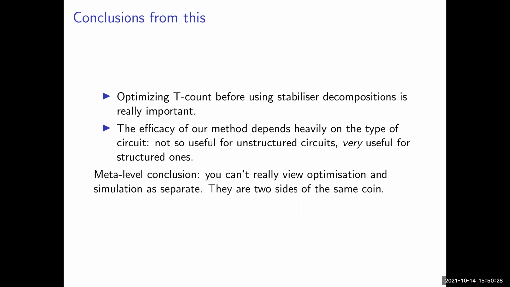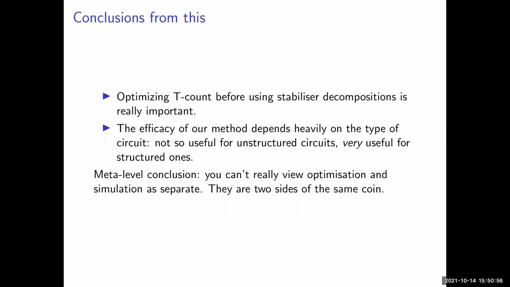I also have a question, if you don't mind. Sure. So the kinds of circuits which you were testing it on: first there were these Pauli gadget circuits, which I'm guessing were just randomly generated gadget circuits, and then the other ones were these hidden shift circuits.